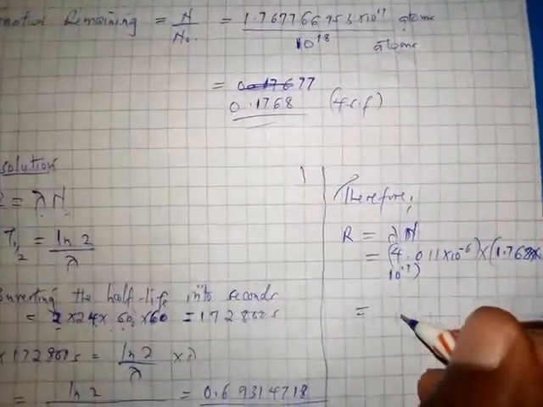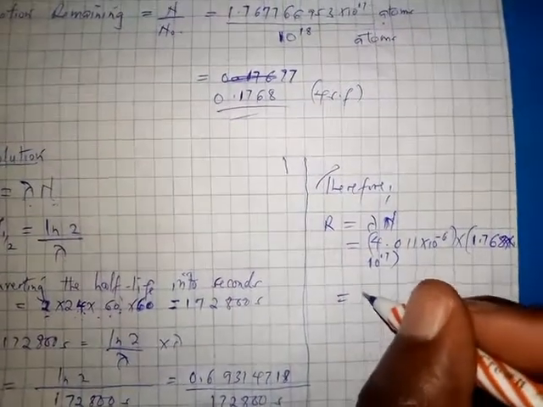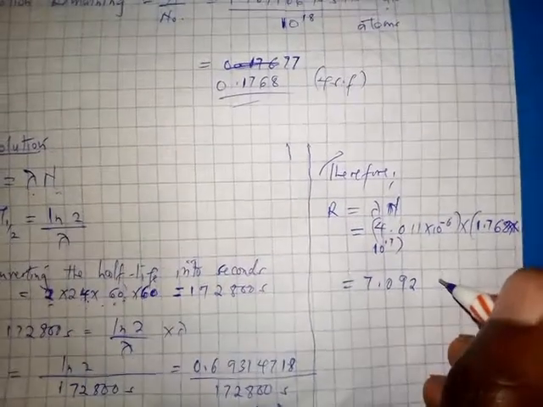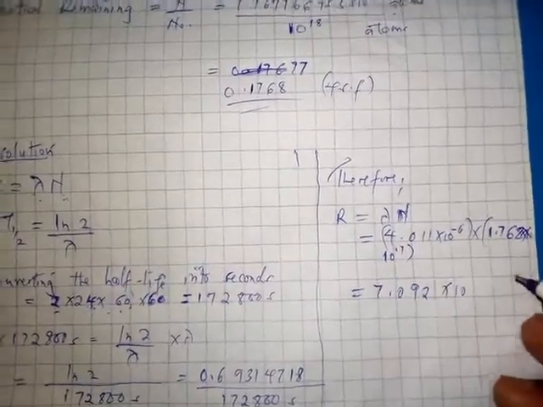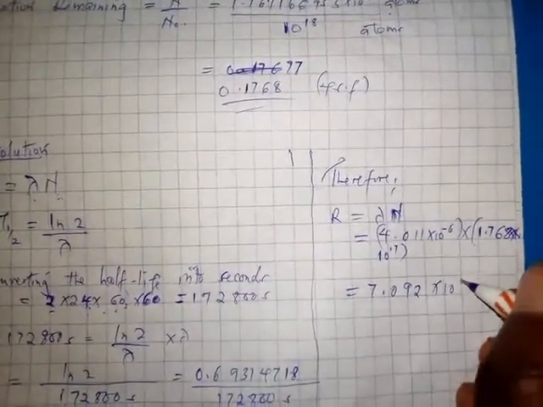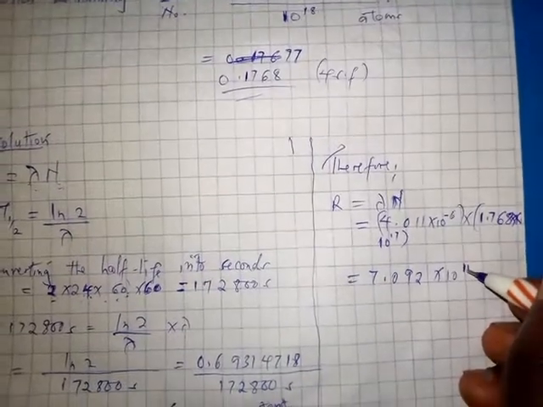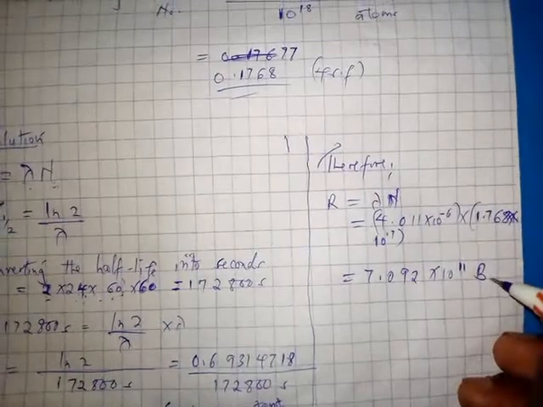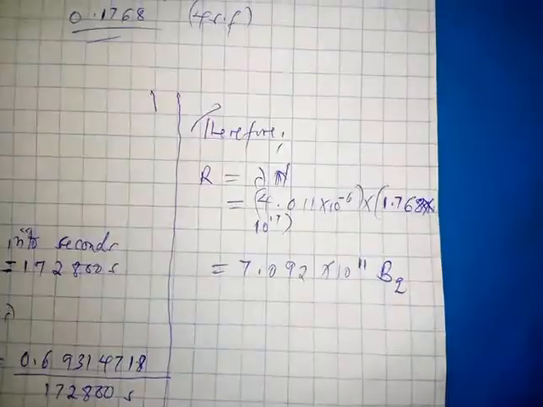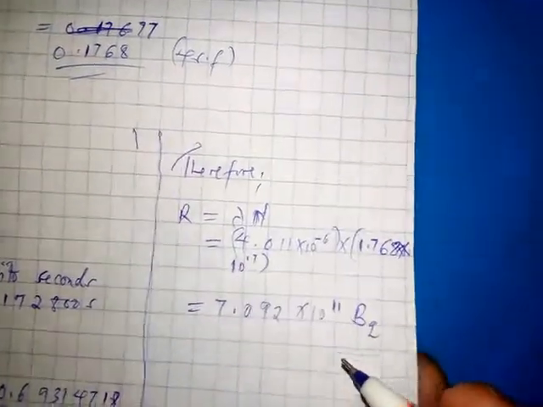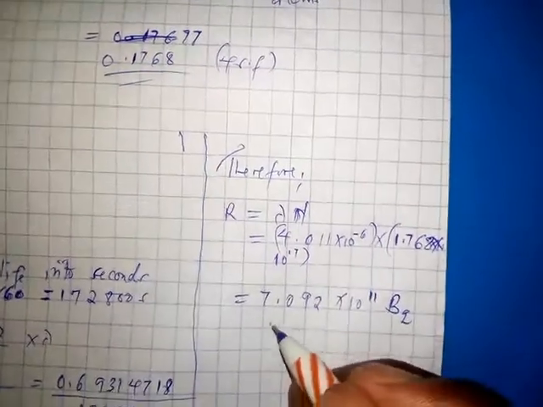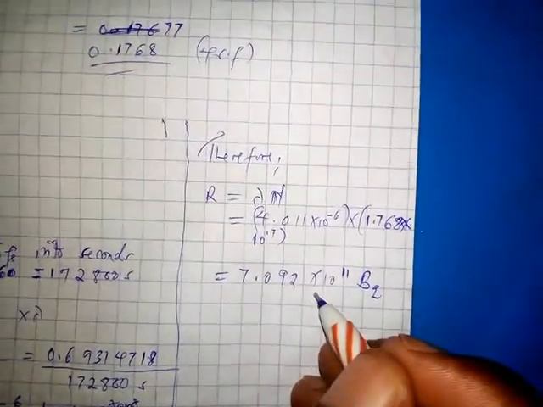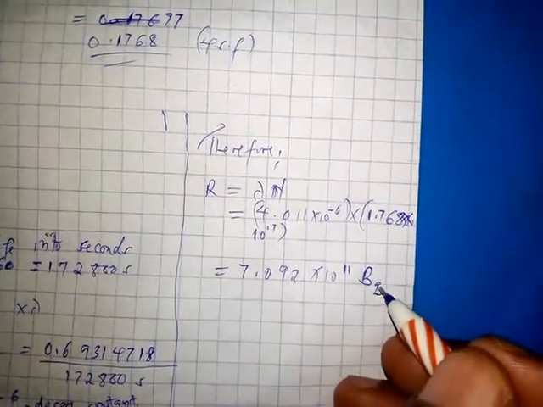And therefore we have our R as 7.092 times 10 raised to power 11, and this is the final answer: 7.092 times 10 raised to power 11 Bq.